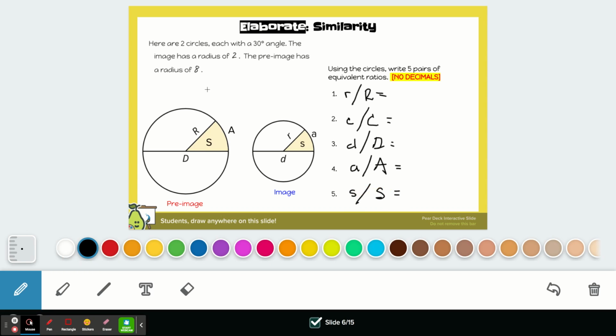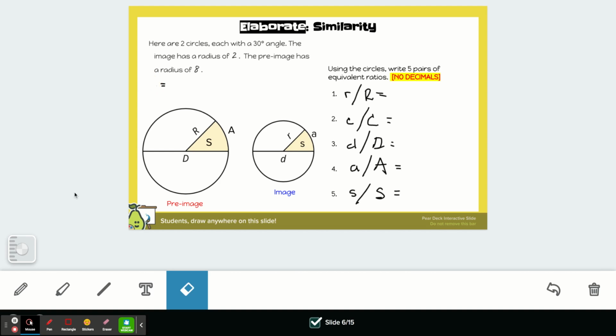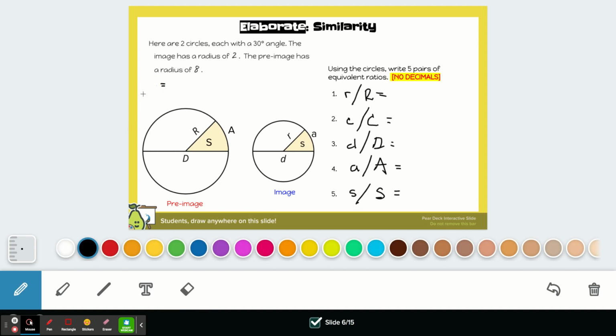All right, so now we know that S, which is our sector, right? So the area of our sector. Let me write it in a way that we know it and remember it, right? So the area of the sector equation is N over 360. Our N is 30 degrees. And then it's the radius. So the smaller one, our radius is 2.